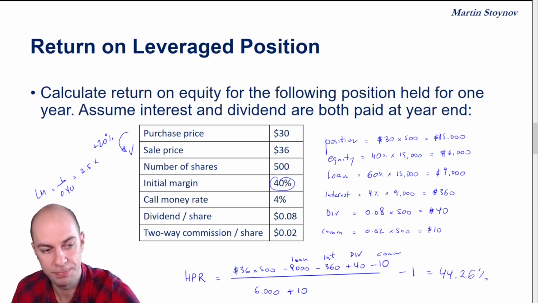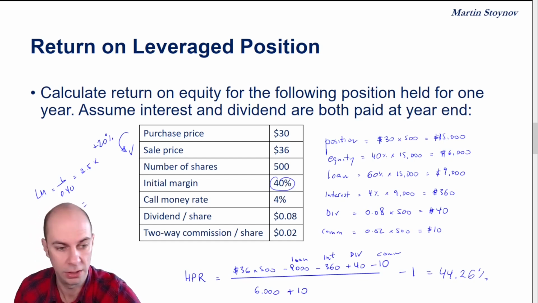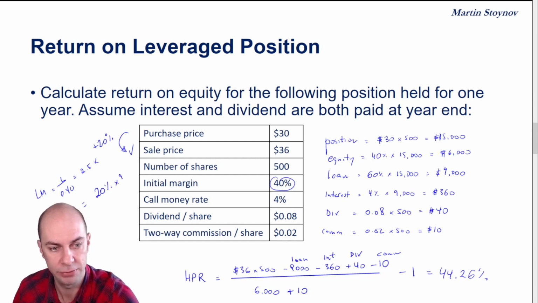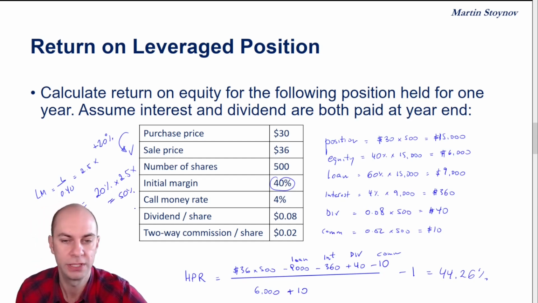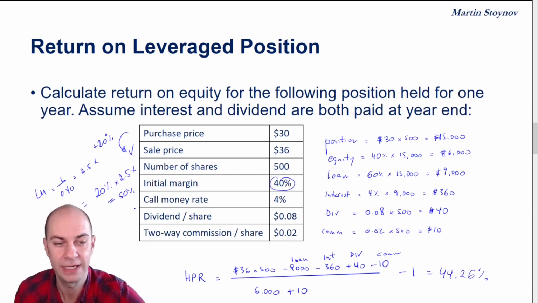So your HPR, your holding period return, should be approximately 20% times 2.5x, which is approximately 50%. Now, I know it's not going to be exactly 50% because of the interest rate, the dividend, the commissions, but at least we can have a look at the 3 options and see which one is closest to 50%.